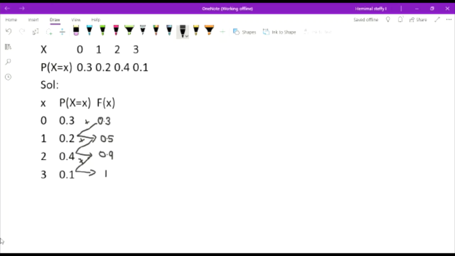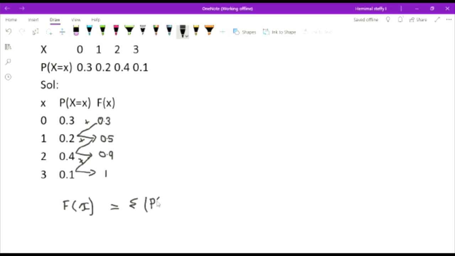Okay, the cumulative distribution condition is satisfied. How? The cumulative distribution condition means F of x is equal to the summation of p of x.